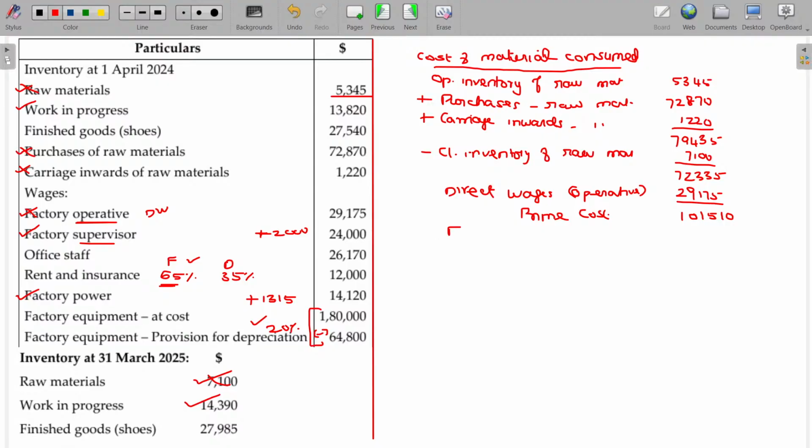Now we have to add the factory overhead. All the costs meant for factory purposes will be grouped here. Wherever you find the term factory, you can post it here, but don't get confused between this factory and that factory. Wages for factory supervisor: 24 plus 2,000, 26,000.